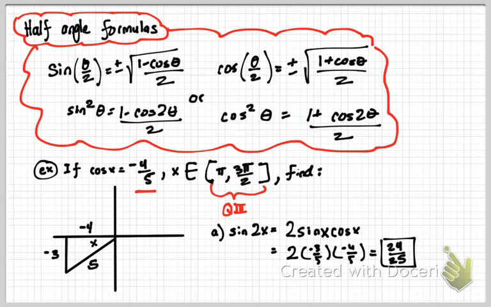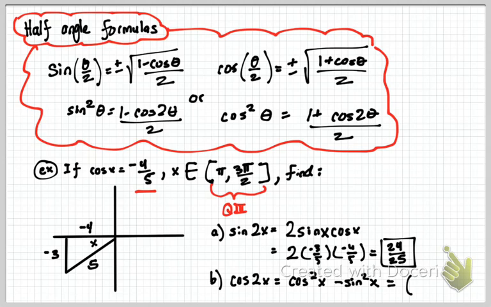Same thing here for b. Now we're going to look at cosine of 2x. Now we can use whatever formulas we want here. We have three of them. I'm going to use the first one, cosine squared x minus sine squared x, because we have those values. And you could use the other two if you wanted. You get the same answer.